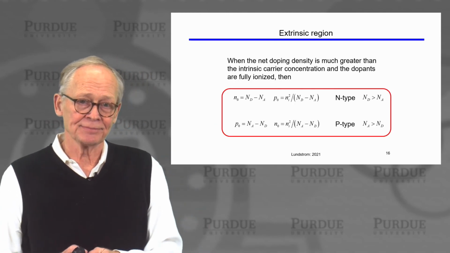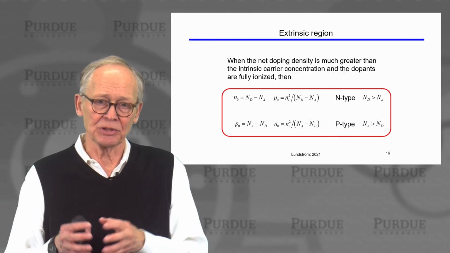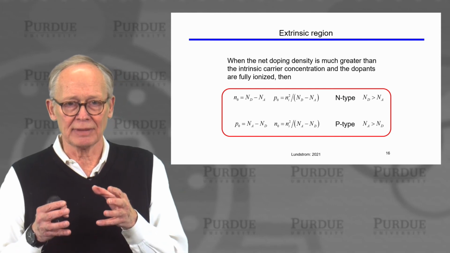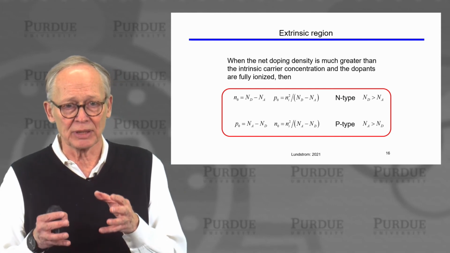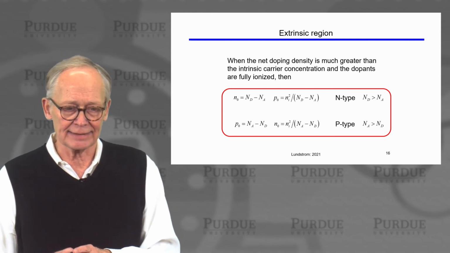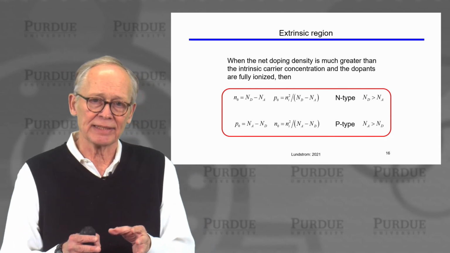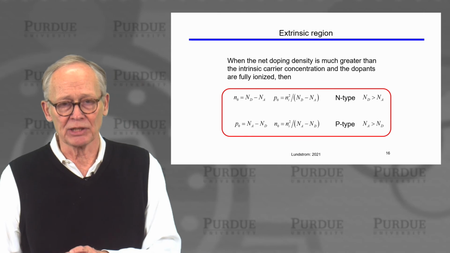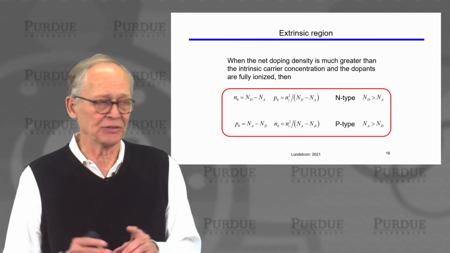Now, if we're lucky, and we're in what we call the extrinsic region, where the properties of the semiconductor are determined extrinsically by these dopants that we have introduced into the pure silicon lattice, when the net doping density is much bigger than the intrinsic density, we can simplify those quadratic equations and we get a very simple answer.